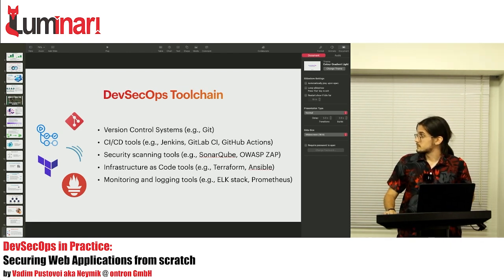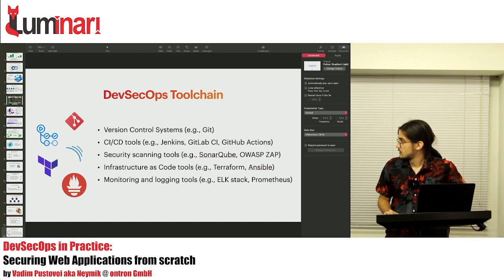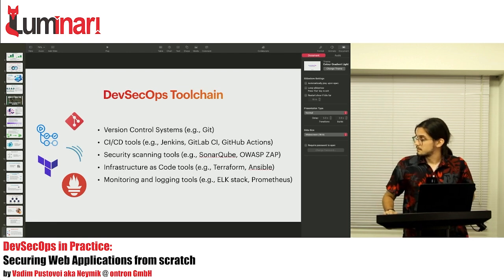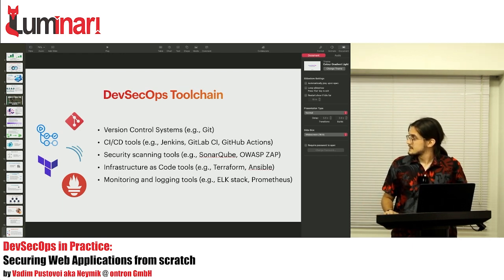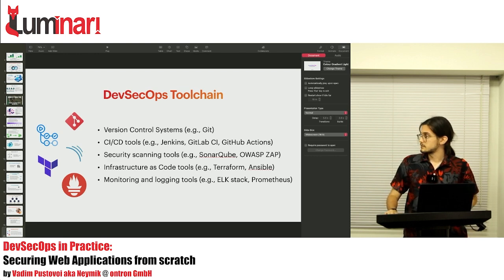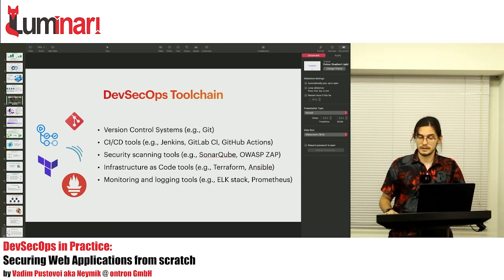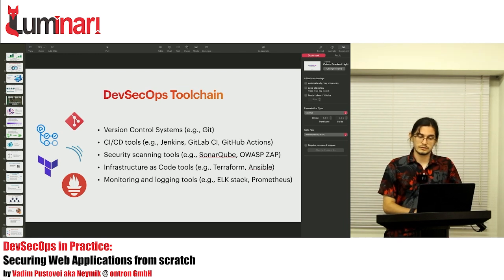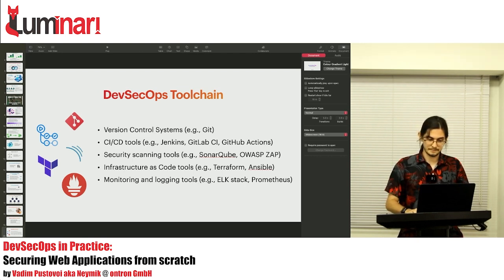There are some tools I'd like to talk about a little more. For example, SonarQube. It is also a static analyzer for a code base that can handle not only the static things in your code, but also some security vulnerabilities.